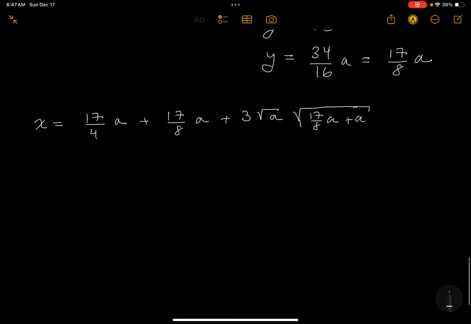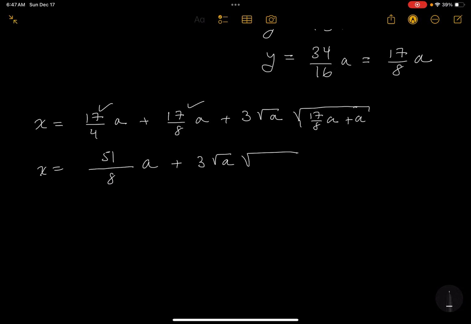All right, let's see if we can do it. And you get x equals, let's see, I got to get eighths now, right? So 3 times 17 would be 30 and 21, 51. I just added these two together, by the way. Plus 3 root a.